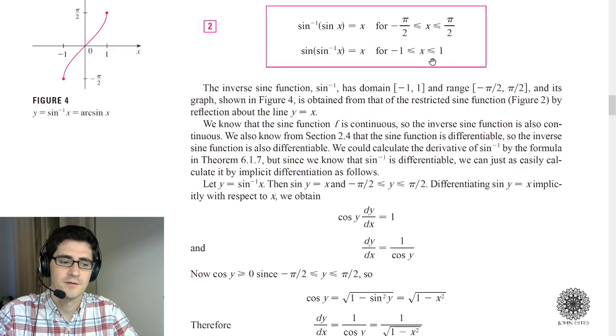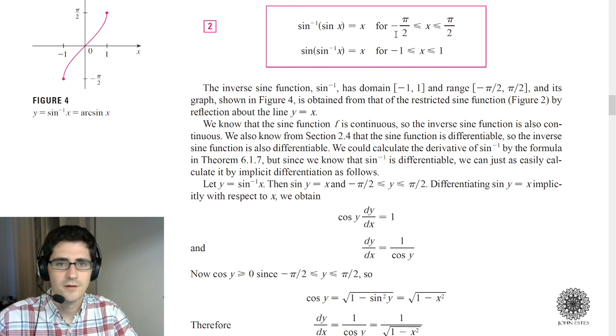And the opposite, negative 1 to 1, if I do sine composed with sine inverse. These domain restrictions are a little technical, very technical, and we don't have to worry about that all the time, but it is something to keep in mind.